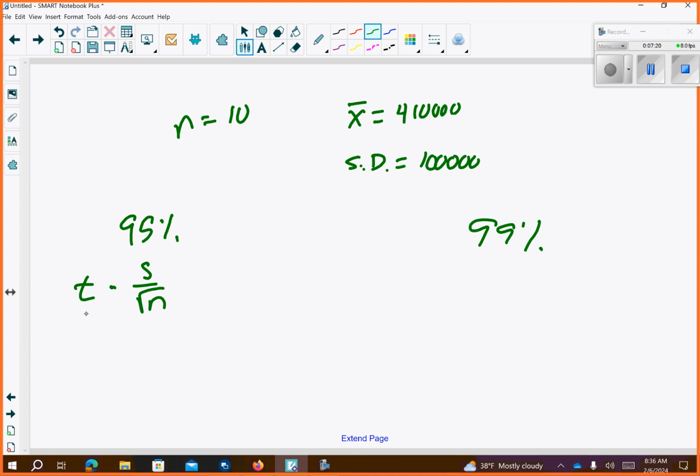So we have to find our T. That's going to be T distribution, degrees of freedom 9 because that's one less, times inverse CDF. And halfway to 100 from 95 is 0.975.